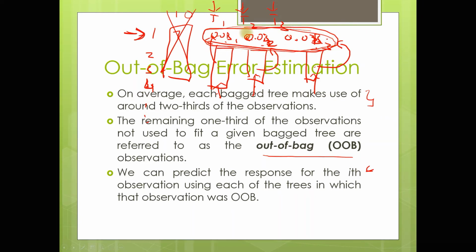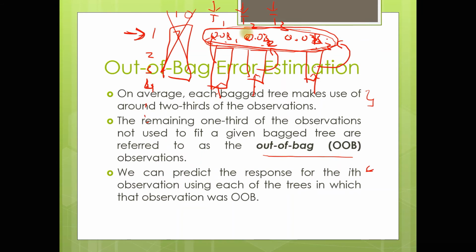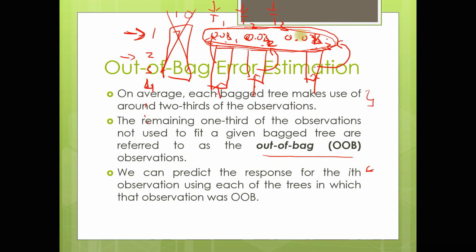And this is what we will refer to as out of bag error estimation. So we will get a single out of bag error estimate for the first observation. And you have to understand that this process has to be repeated for the second observation and so on and so on. So this is a little bit about out of bag error.